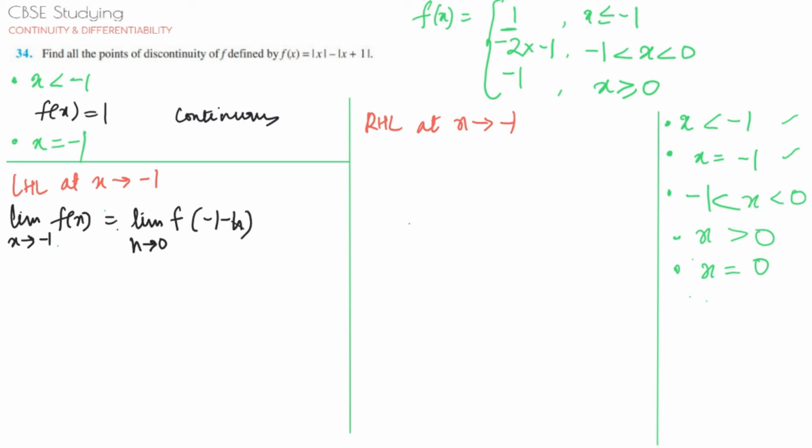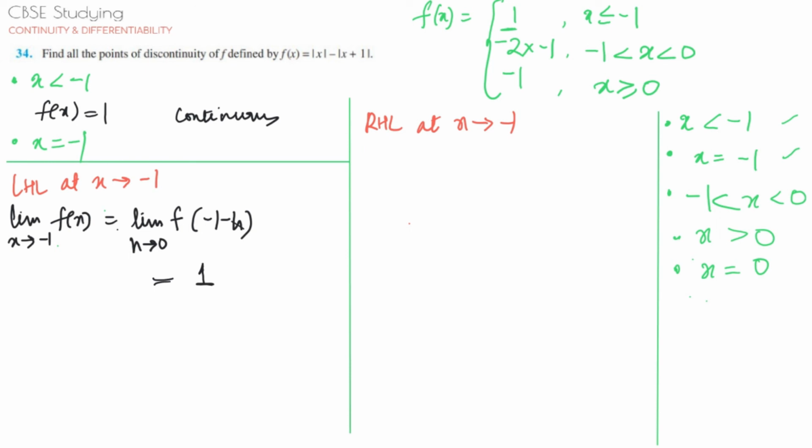So when x is lesser than minus 1, what is the value given to us? When x is lesser than minus 1, the value is directly given to us as 1.